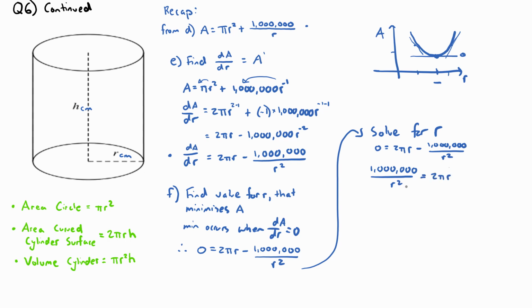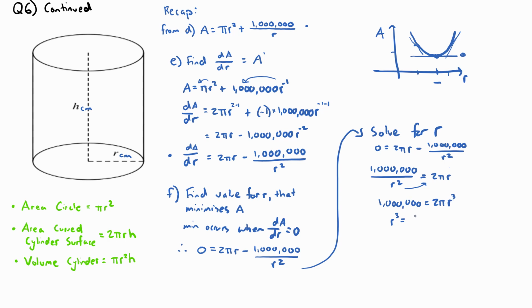I'm now going to bring this r squared up and multiply it by the 2 pi r, so it becomes 1 million equals 2 pi r to the power of 3, because r squared times r is r to the power of 3.